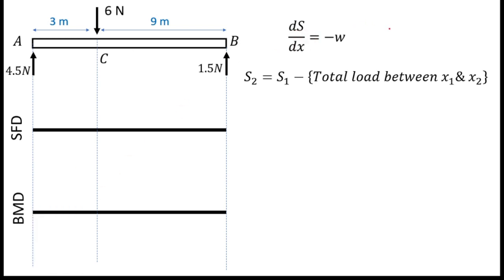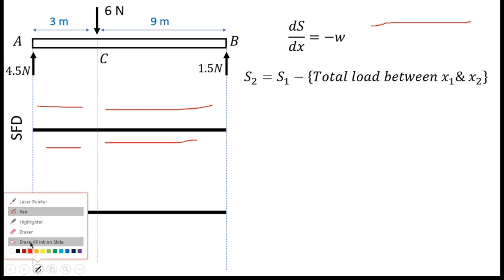When slope is equal to 0, that means it's just a horizontal line, right? If a line's slope is 0, it's just a horizontal line. That means shear force diagram will be like this. So it's a set of horizontal lines, right? That's the first thing.